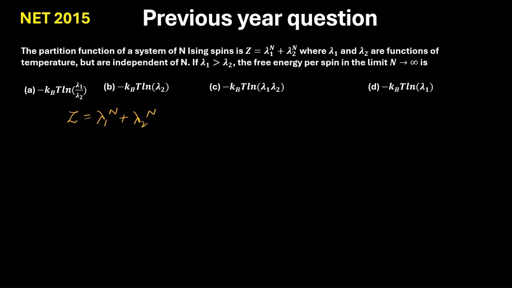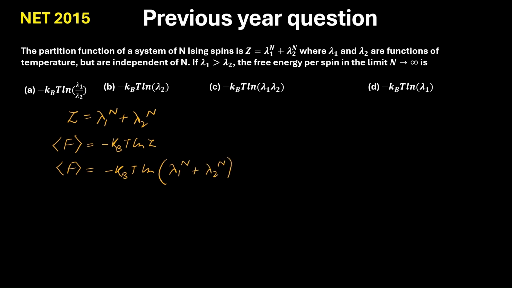Now for the free energy, we can use the formula minus kBT log of Z. So the free energy will be given by minus kBT log of lambda 1 to the power n plus lambda 2 to the power n.